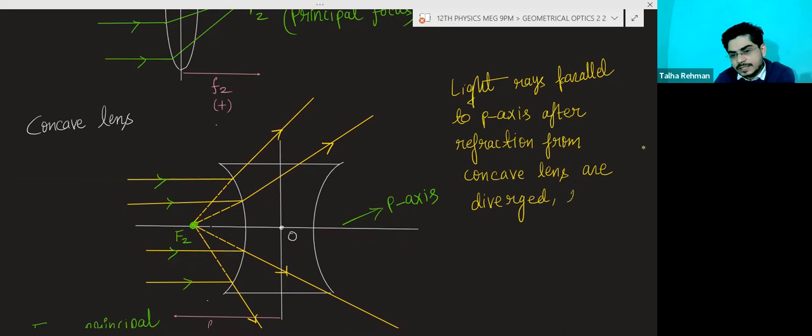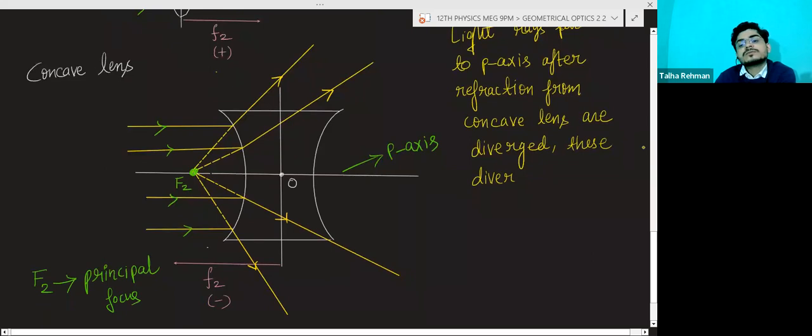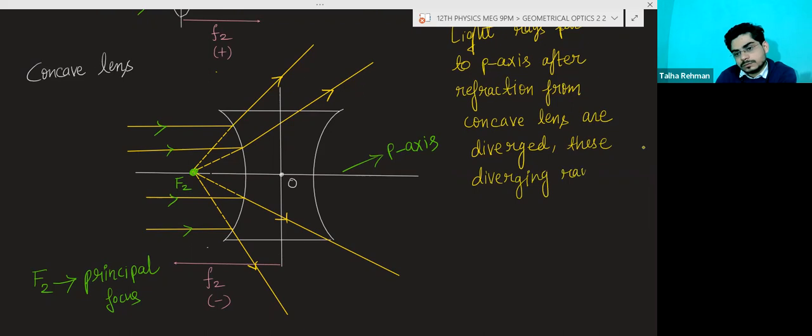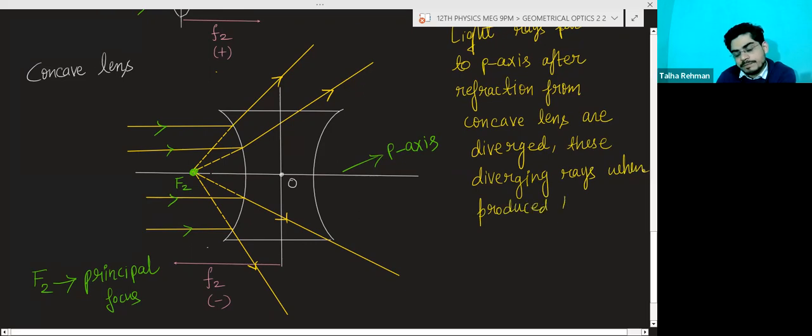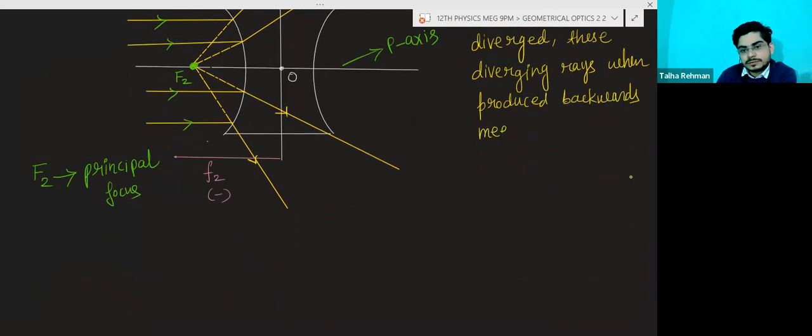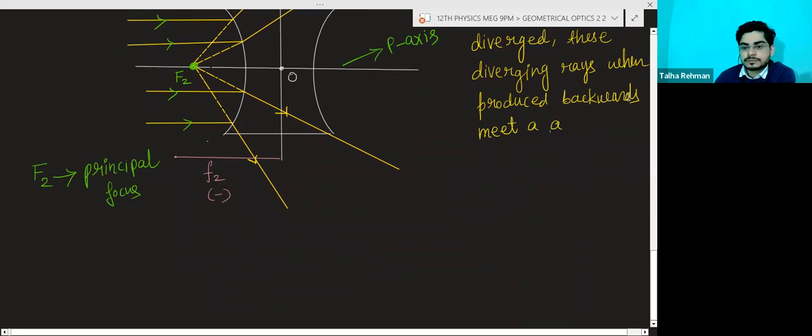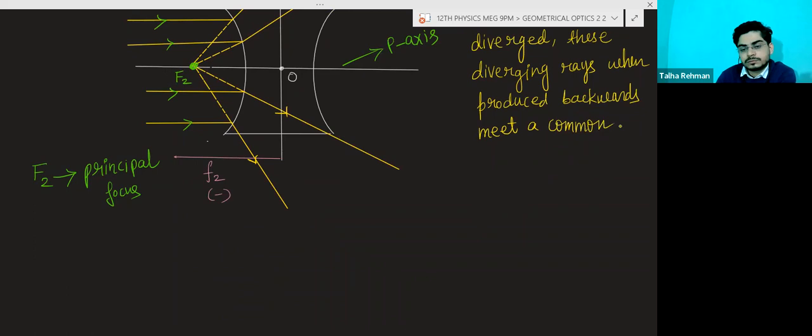Then after that you will say: these diverged rays, or you can say diverging rays, when produced backward, meet at a common point known as the principal focus of the concave lens.